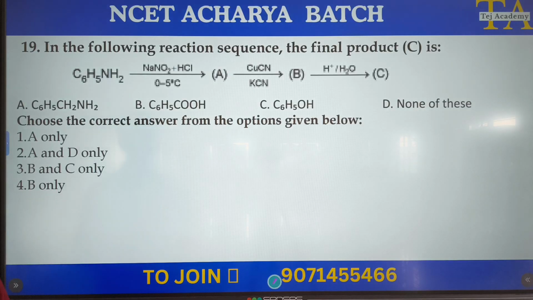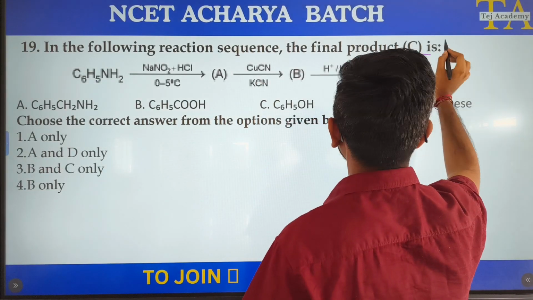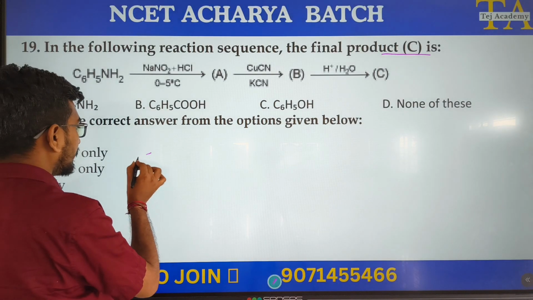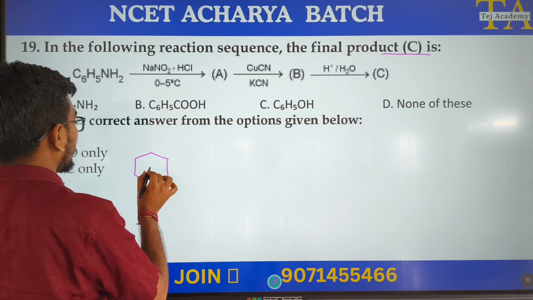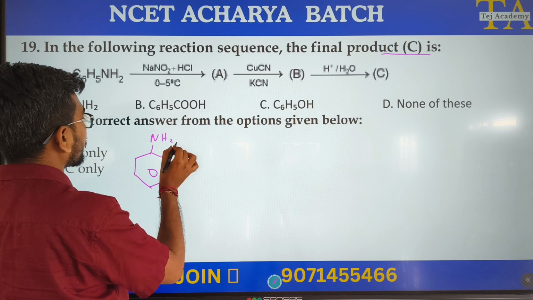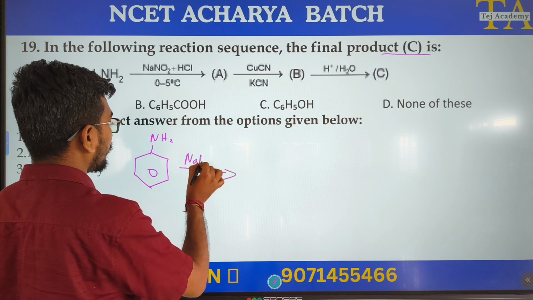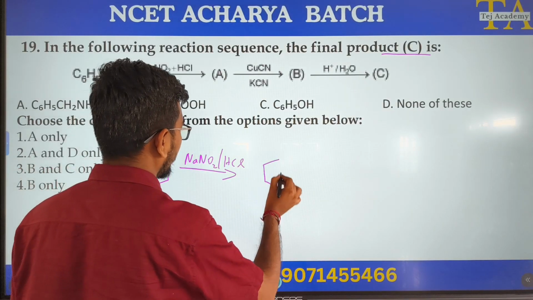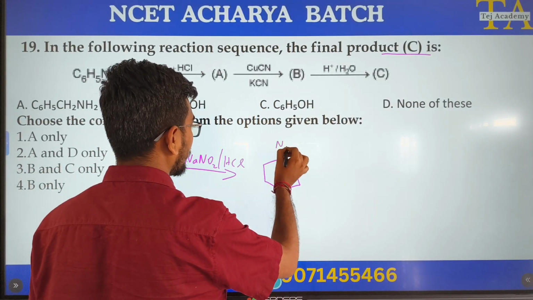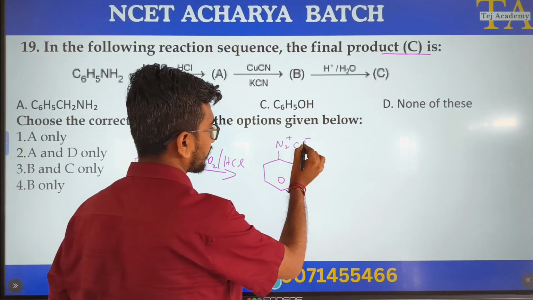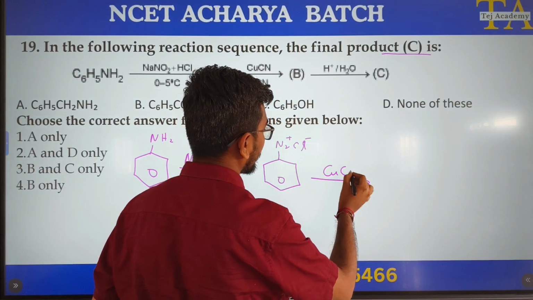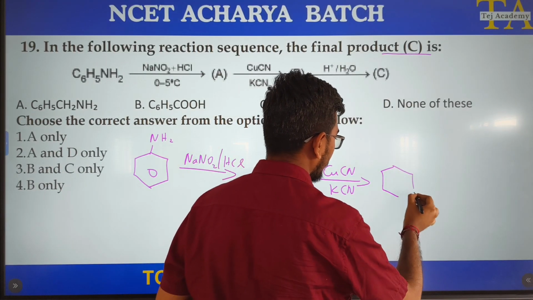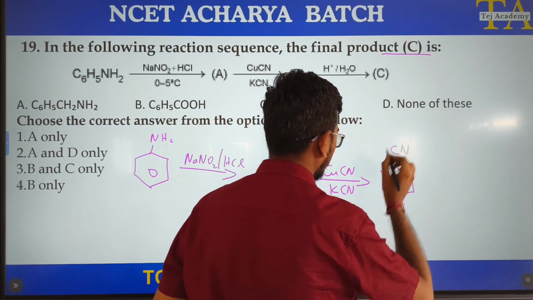Now 19th question. In the following reaction sequence, the final product C is. So they gave a reaction, we have to find the final product C. First we have C6H5NH2 in the presence of NaNO2 along with HCl. So diazonium salt formation will take place, N2+Cl minus. Now in the presence of CuCN and KCN, addition of cyanide will take place, so CN.